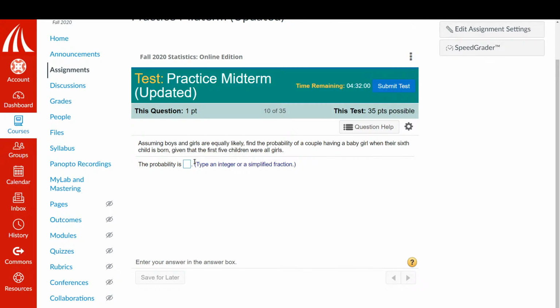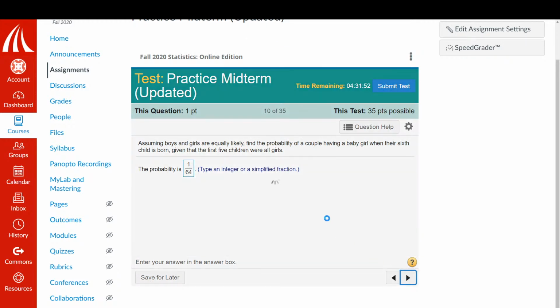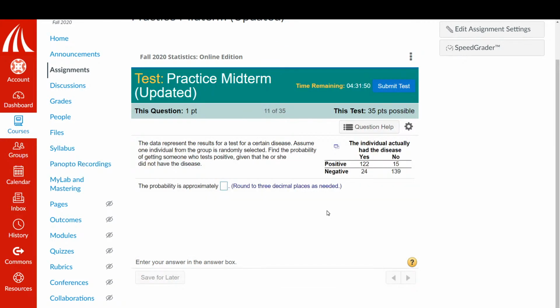All right, I think we've done that one enough. Let's look at a couple more. In this case, we have a chart. Sometimes for a chart, you can export it to Excel and do other things, but this is a tiny little 2x2 table.